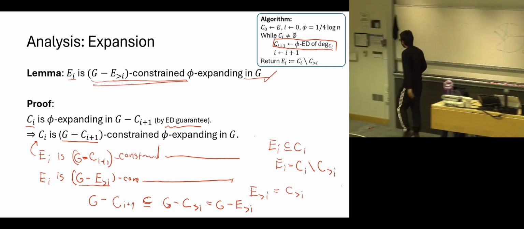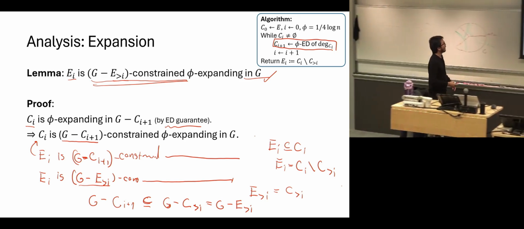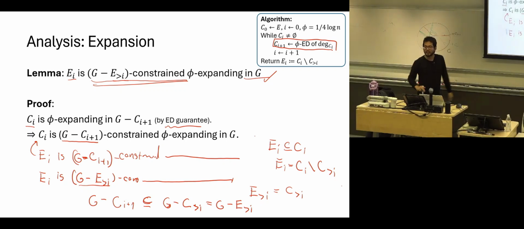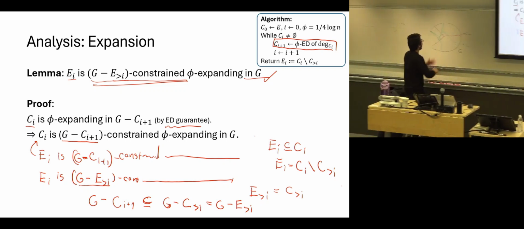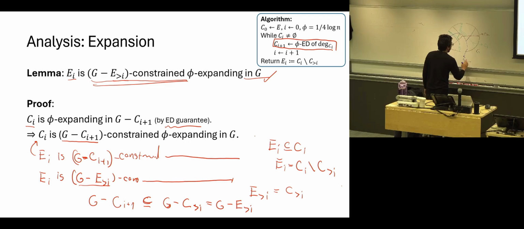But then you might have a Ci plus 2, Ci plus 3, and so on. You might have more edges, a cut that goes to further levels, maybe this and this. Let's say this is Ci plus 2, any C that is more than Ci plus 1.